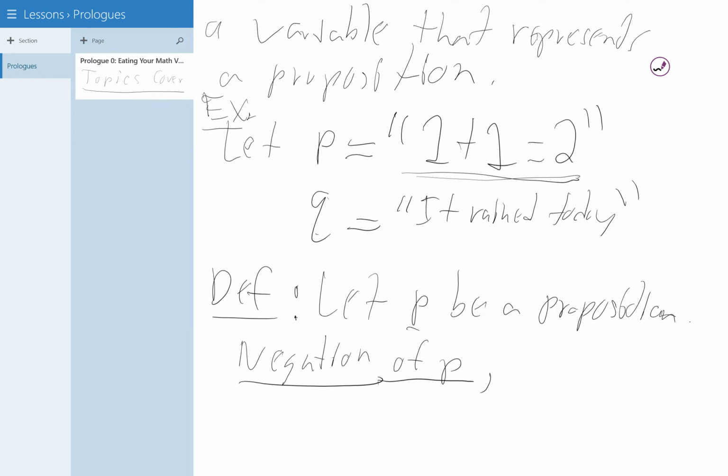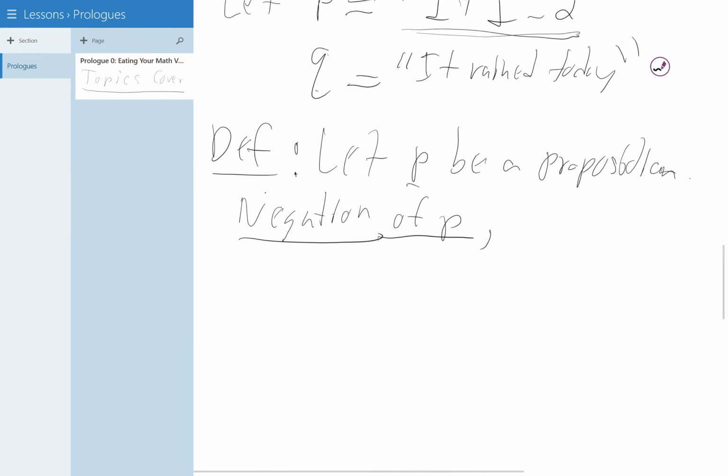In math, whenever we make definitions, sometimes we'll attach symbols to them. So in this case, we have a symbol like this, this is what we call the not or the negation operator.